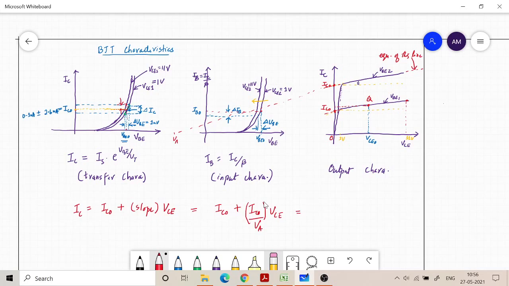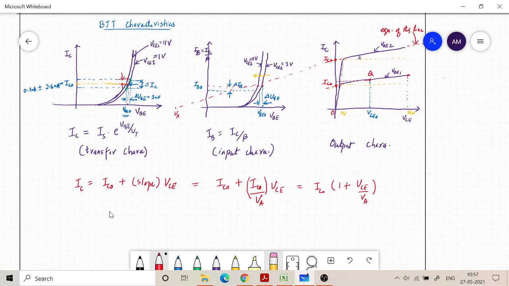So now what I can do is take this IC0 and write it as 1 plus VCE by VA. This is a standard way of representing the dependency of the collector current on the output voltage VCE.